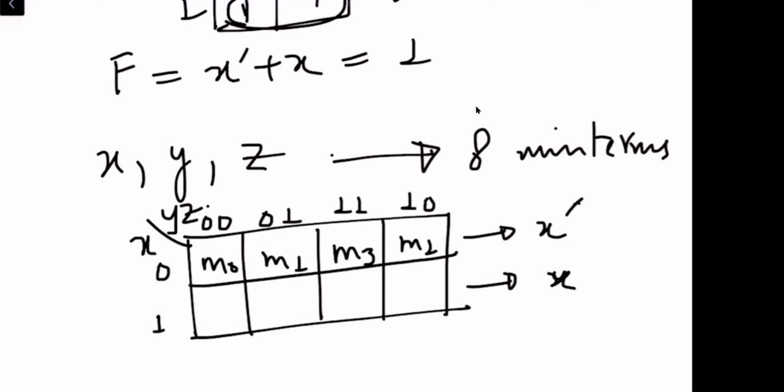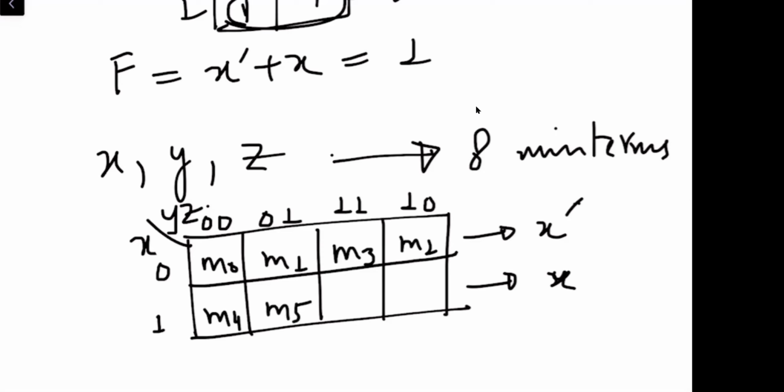Now we come to the next row where x is equal to 1. So x is 1, y is 0, z is 0. So 1, 0, 0, which is representing m of 4. Then we have x is 1, y is 0, and z is 1, so it is 1, 0, 1, which is m of 5.